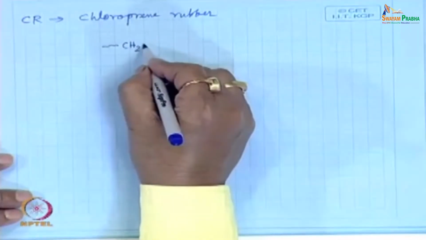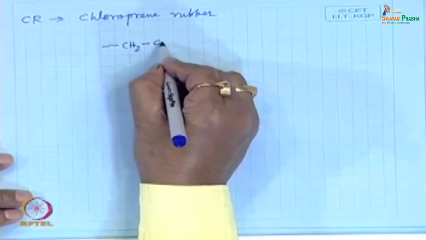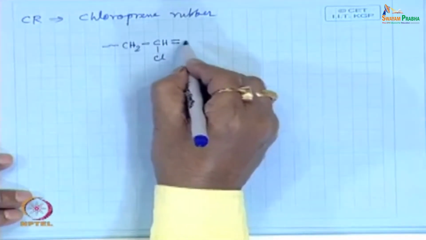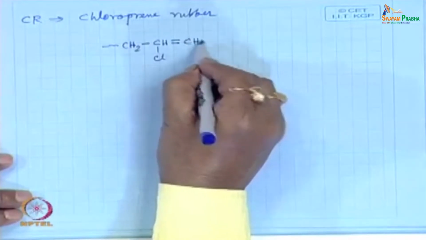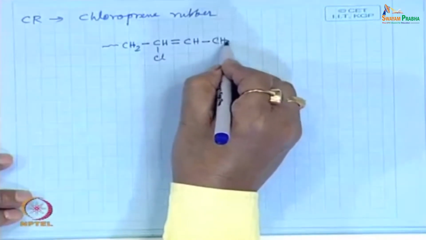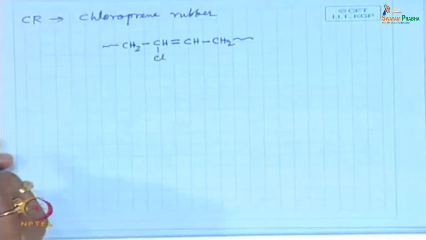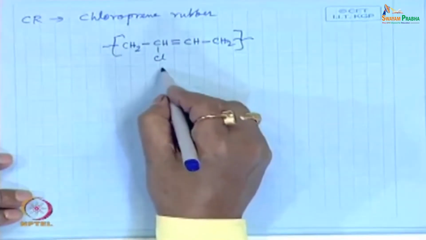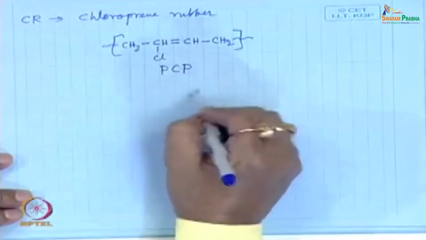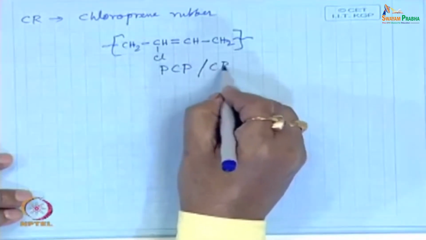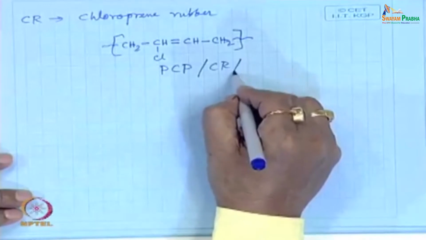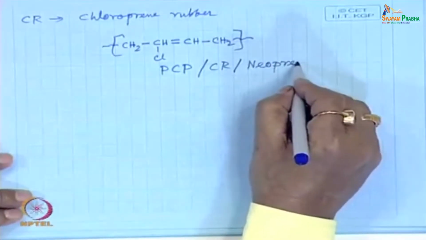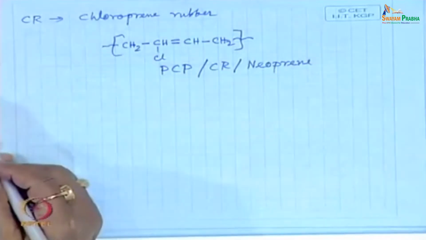CH2... this is polychloroprene, PCP or CR, or neoprene, trade name is neoprene, neoprene rubber.